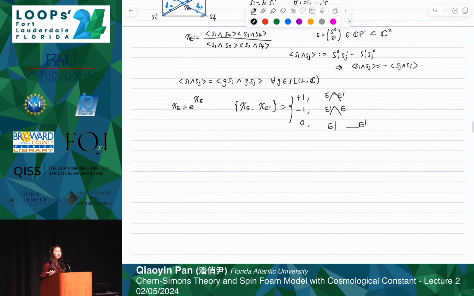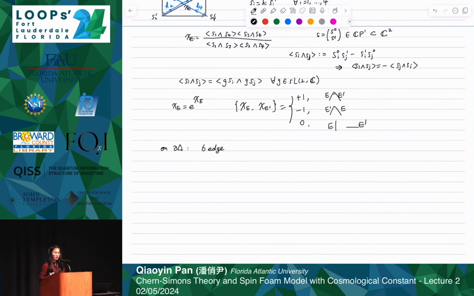Now, how many coordinates do you have on the boundary of an ideal tetrahedron? On the boundary of an ideal tetrahedron, I have 6 edges. I told you that these coordinates are associated with the edges of the boundary of an ideal tetrahedron.